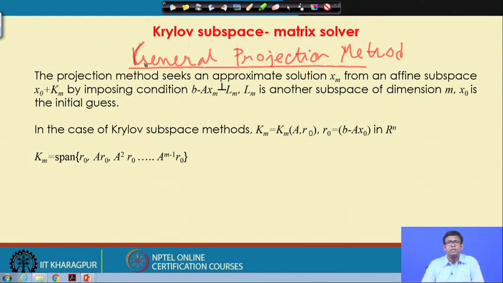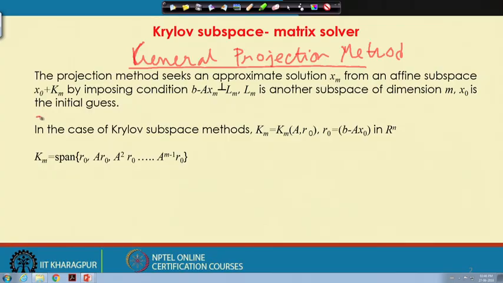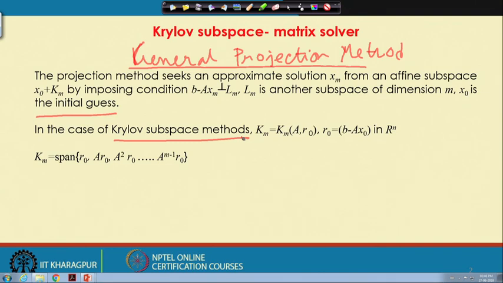This is done by imposing the condition that b minus A x m is perpendicular to L m, where L m is another subspace of dimension m and x 0 is the initial guess. So, this is the statement for the general projection method. In the case of Krylov subspace methods, K m is given by K m of A, r 0, where r 0 is b minus A x 0, and K m is the space spanned by r 0, A r 0, A square r 0, up to A to the power m minus 1 r 0.